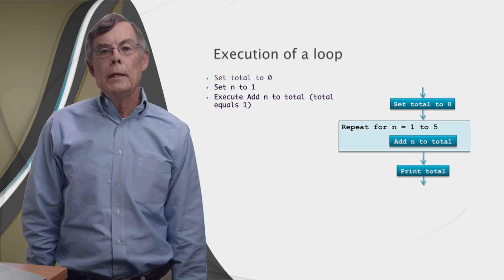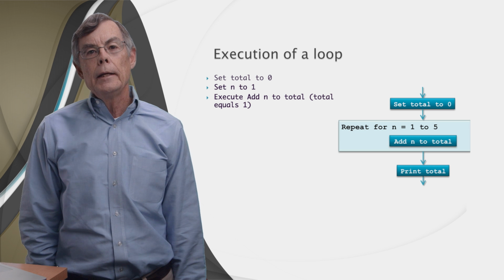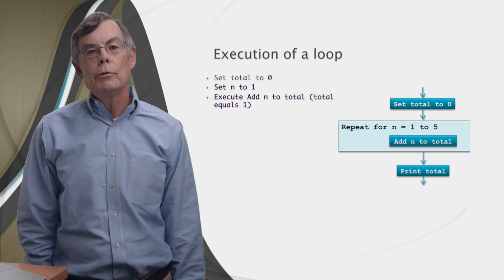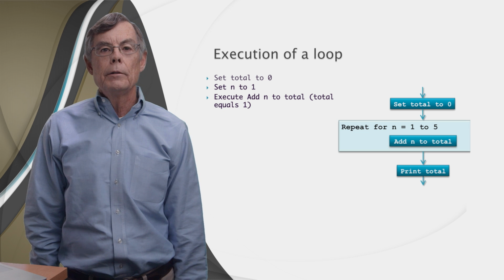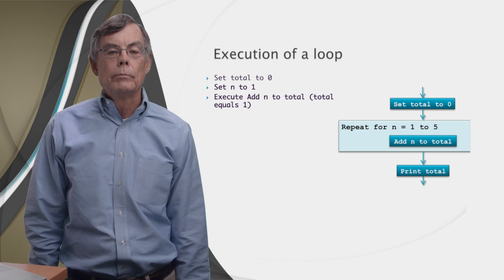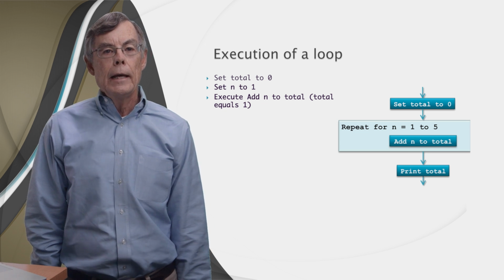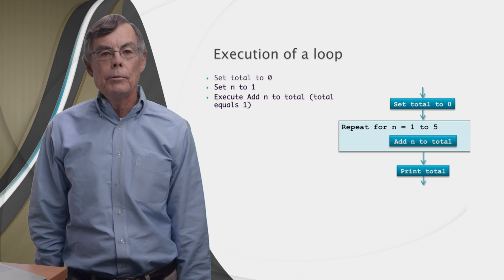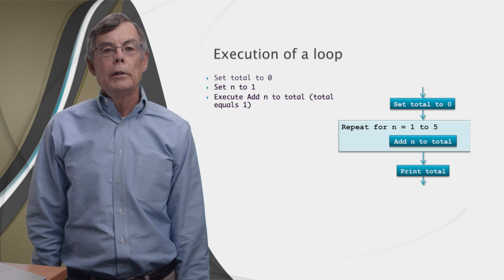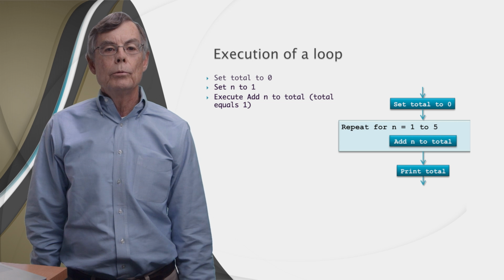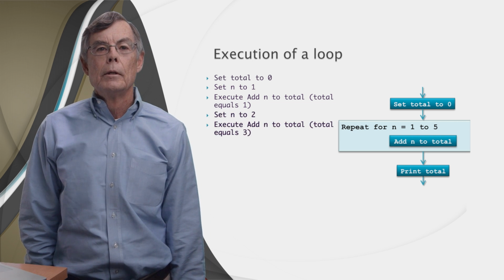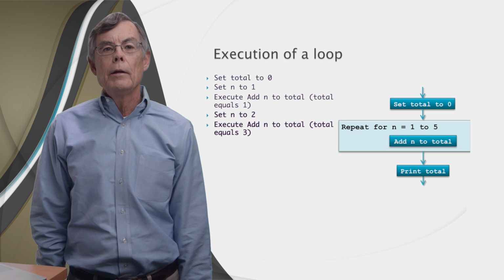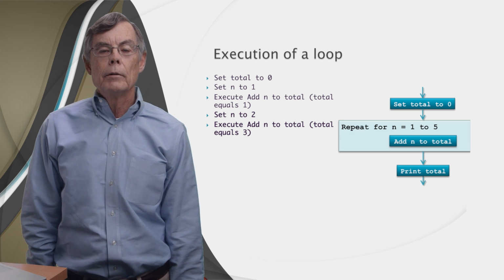Since the loop must repeat for n equal to each item in the list 1, 2, 3, 4, and 5, the first thing that happens when the loop is entered is that n is set to the first item, 1. Then n is added to the total. Since total is 0 and n is 1, total equals 0 plus 1, which equals 1. That completes the first repetition of the loop. A repetition is called an iteration, and now it's time for the second iteration.